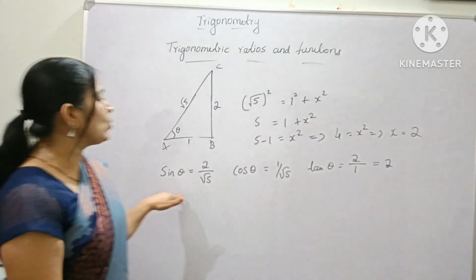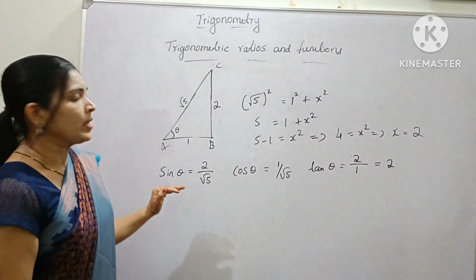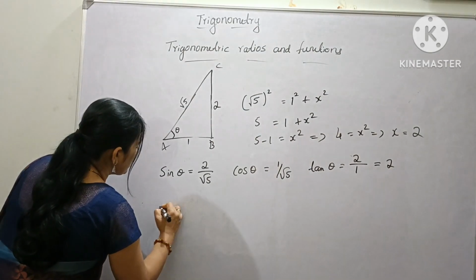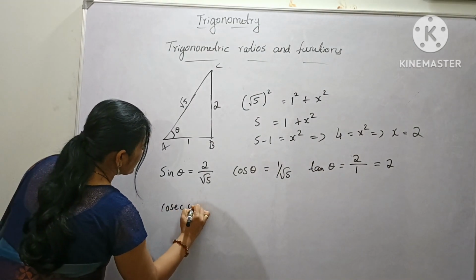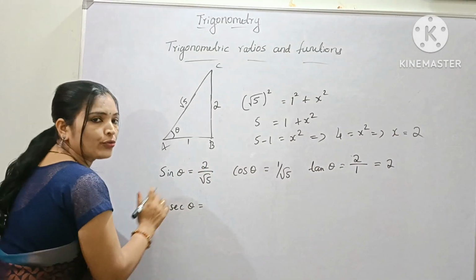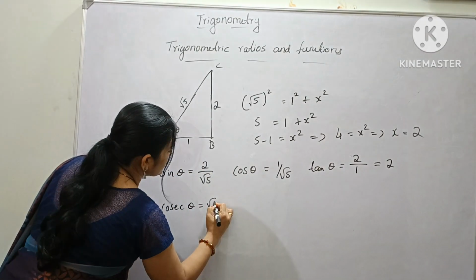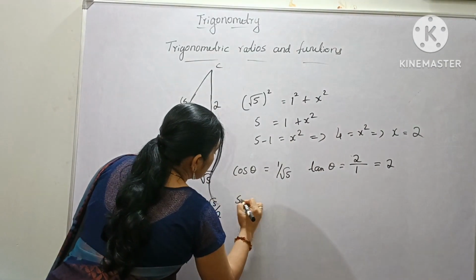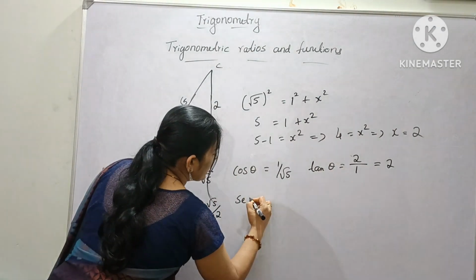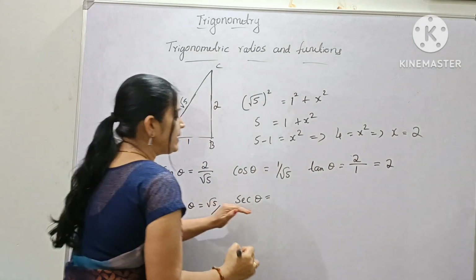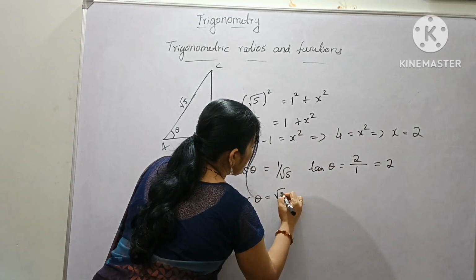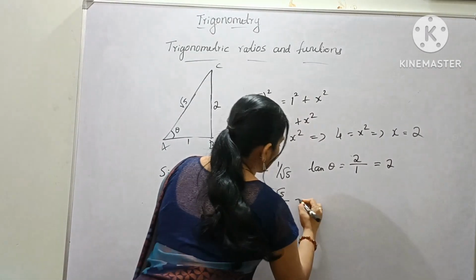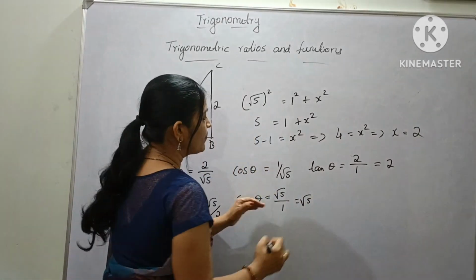Okay, now we have got these three values. Next its reciprocals, right? So sin theta reciprocal is cosec theta. Sin theta is 2 by root 5, so cosec theta is nothing but root 5 by 2. Next cos theta reciprocal is sec theta, that is equal to root 5 divided by 1, that is nothing but root 5.